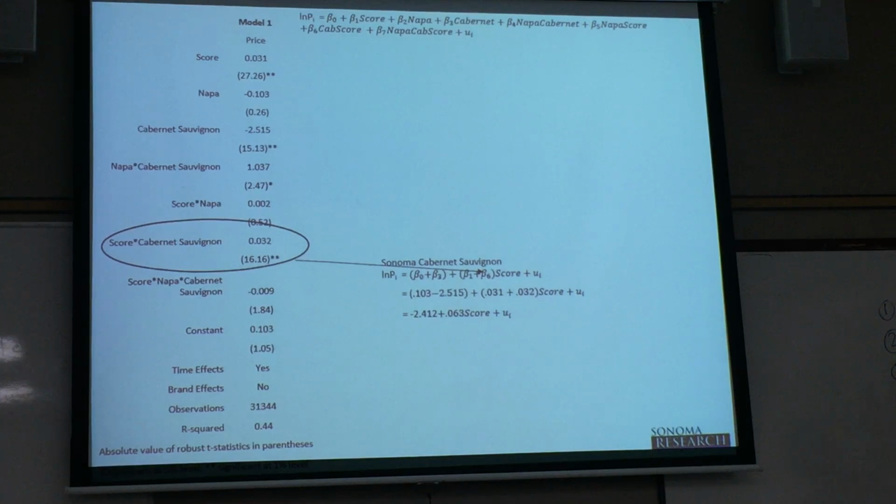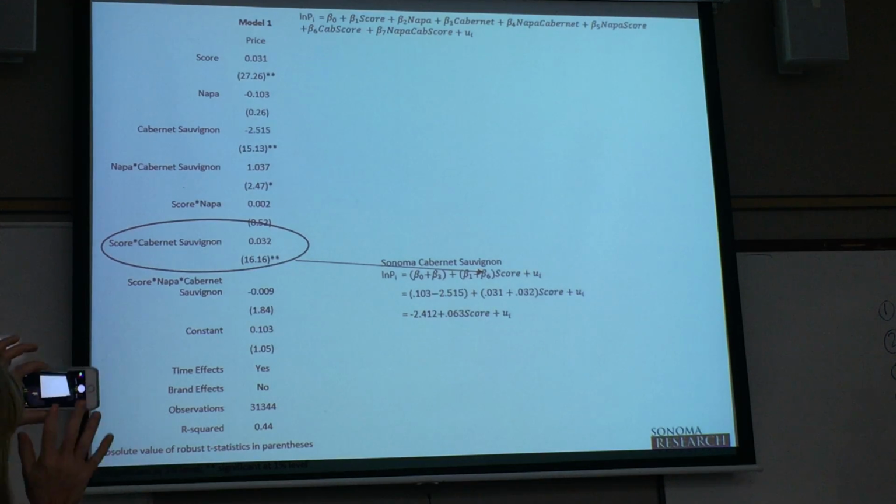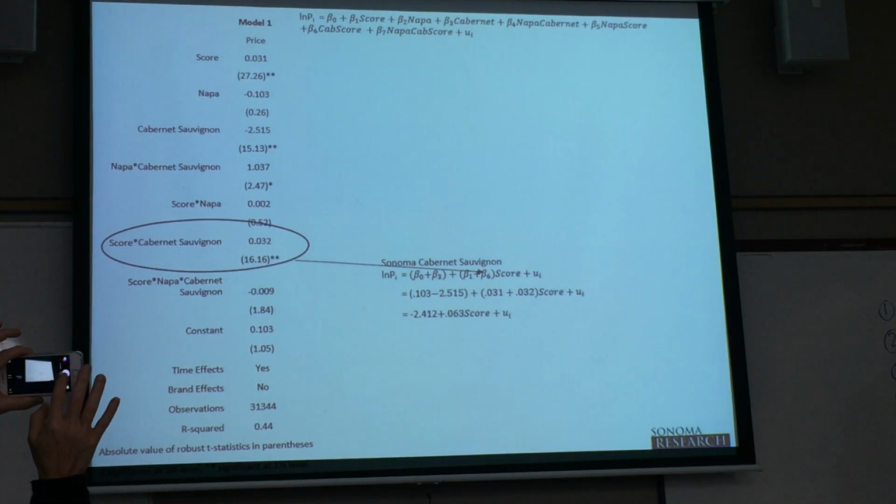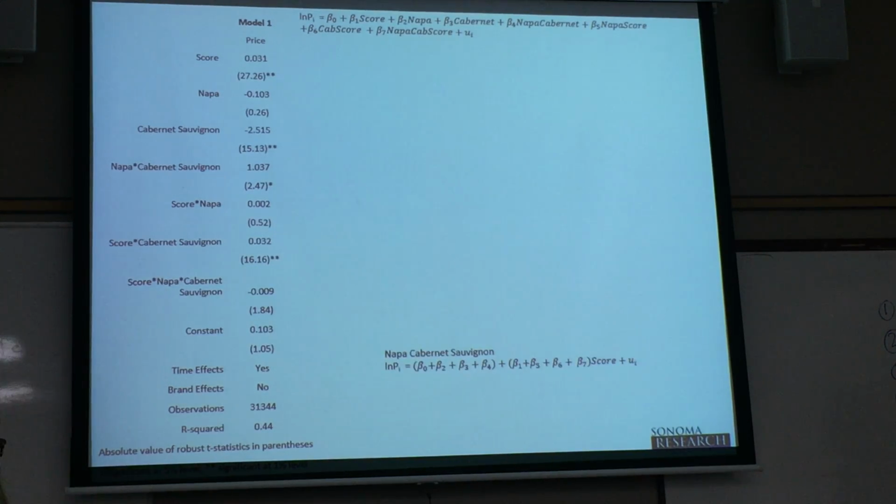And for cab, it looks like score has a bigger effect. That is, for Sonoma Cab, for every 1 unit increase in score, the price goes up about 6.3%. So it appears that rankings are more important to cabs than they are to, at least Sonoma Zins.